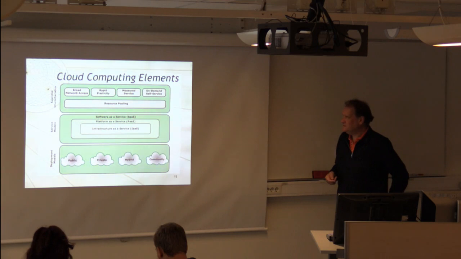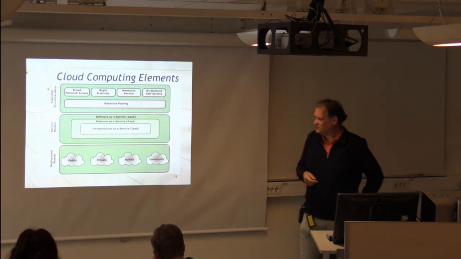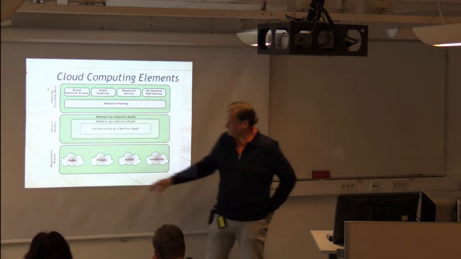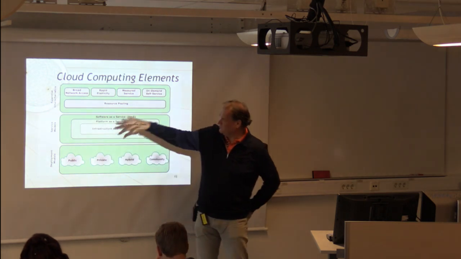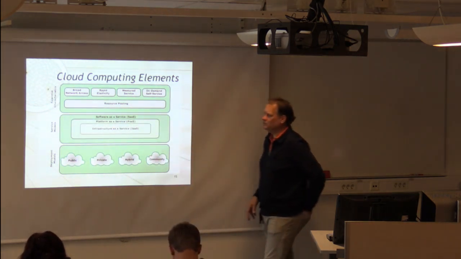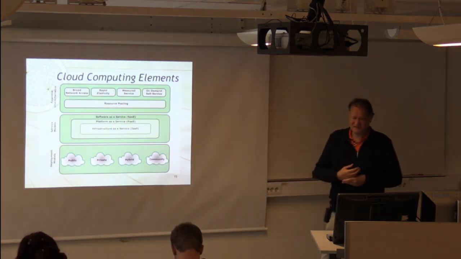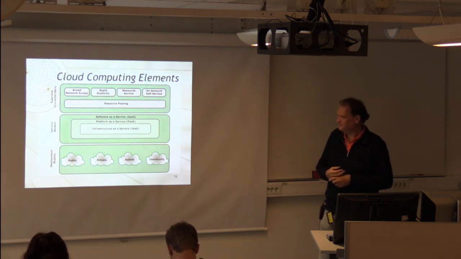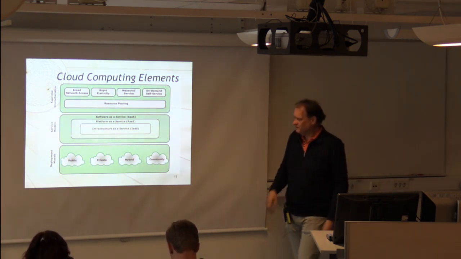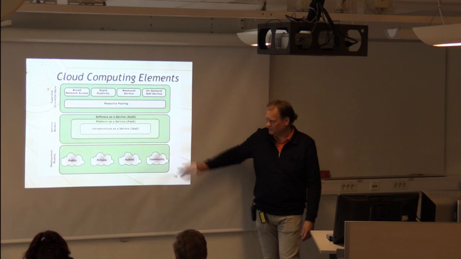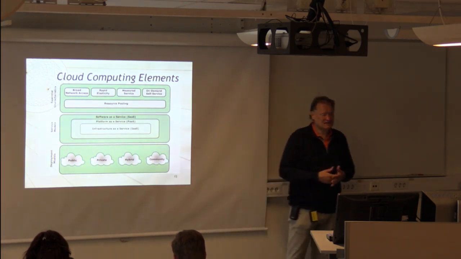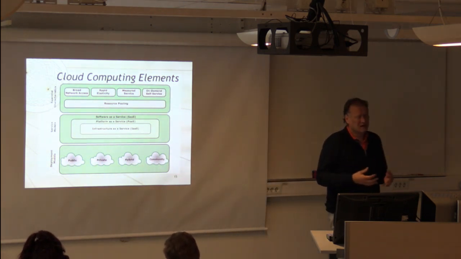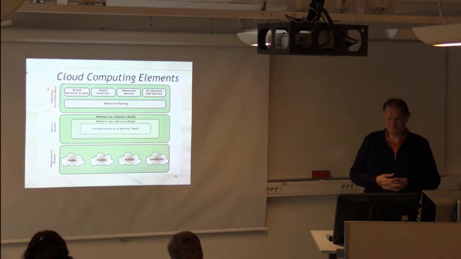So here we see the cloud computing elements. Here we have these 3 areas: the deployment models, the service models, and what they call the essential characteristics in the standard. If you start at the bottom here, the deployment models tell us how the cloud is used.